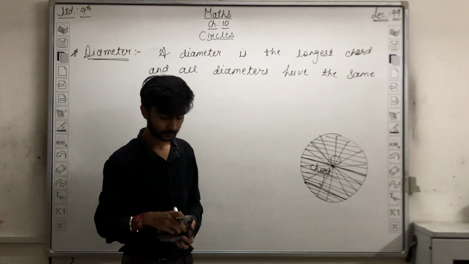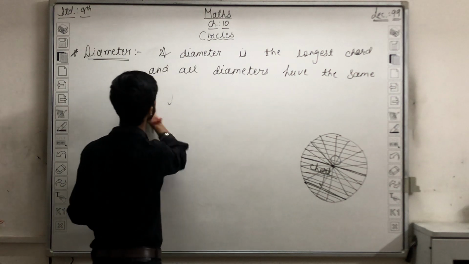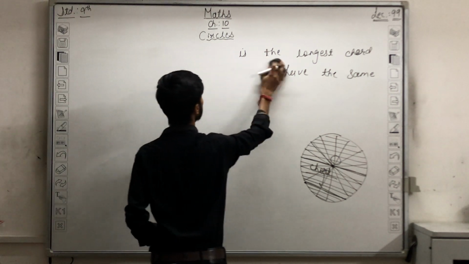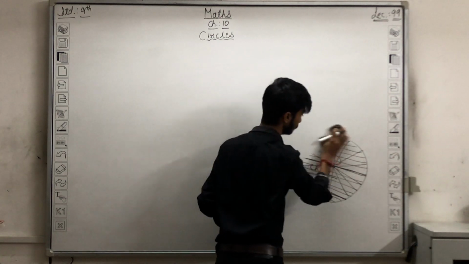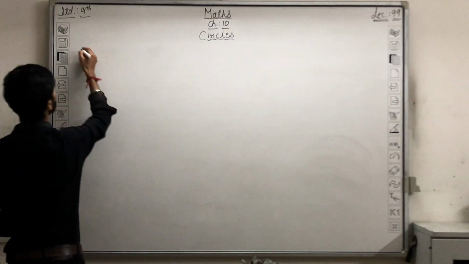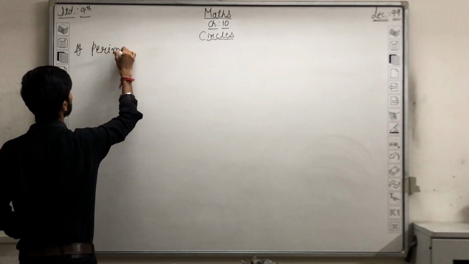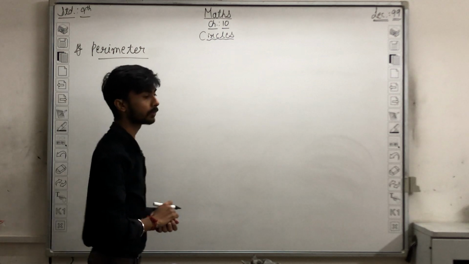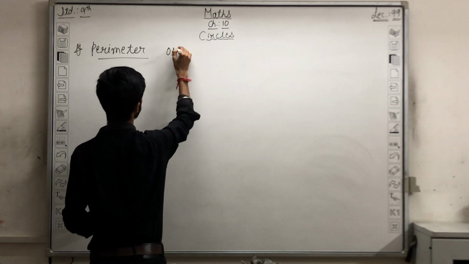Okay, perimeter and circumference of a circle. The perimeter is also called the circumference of a circle.